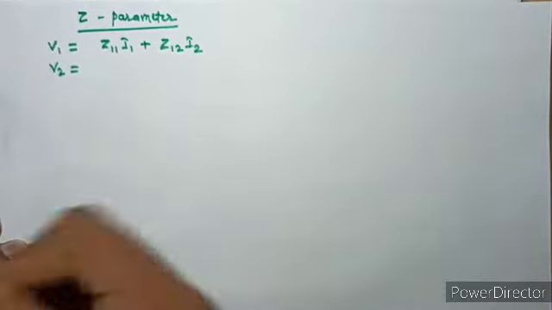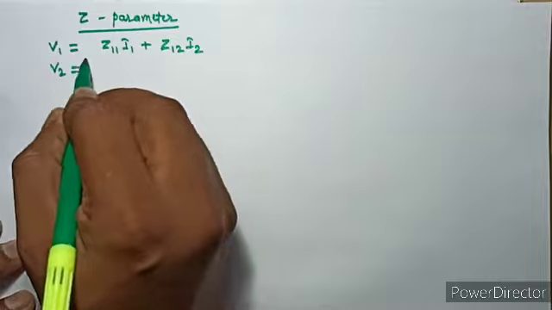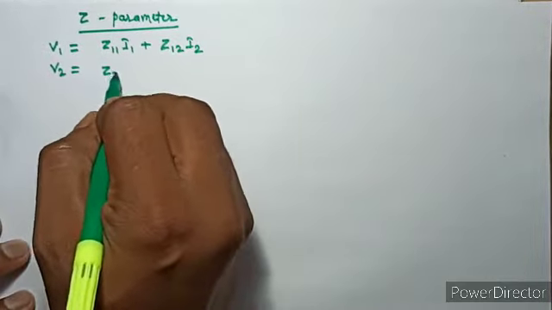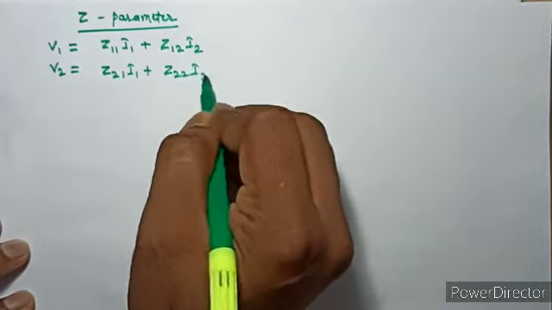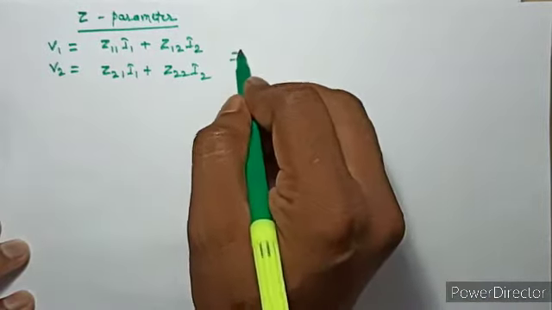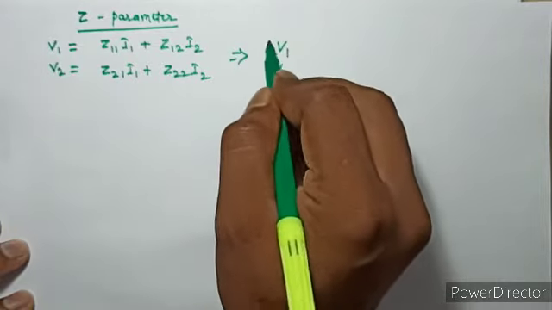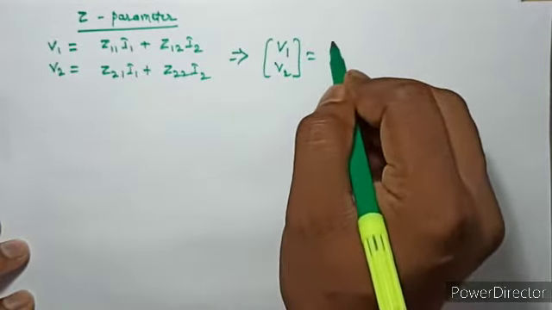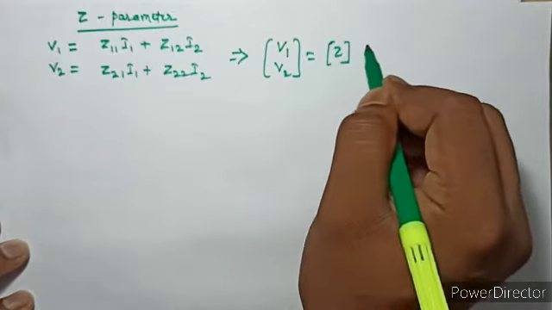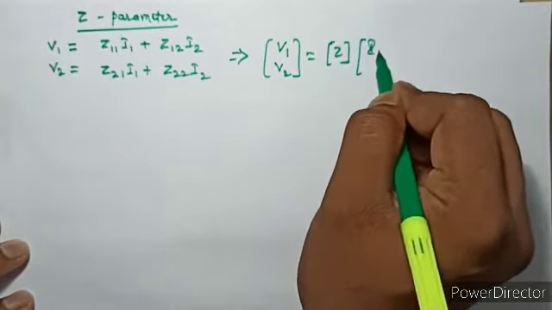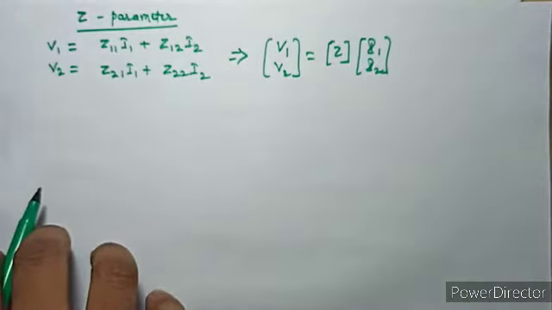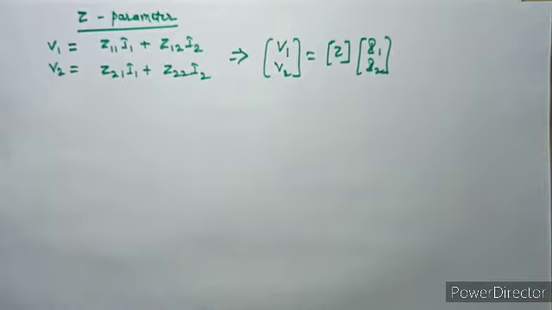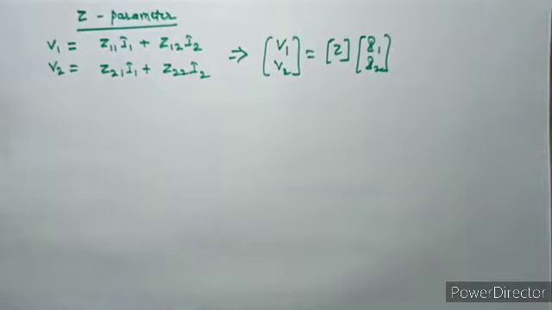So our two relations will be, first this, and the second will be V2 equals Z21 I1 plus Z22 I2, or in matrix form, V1 V2 equals the Z matrix times I1 and I2.